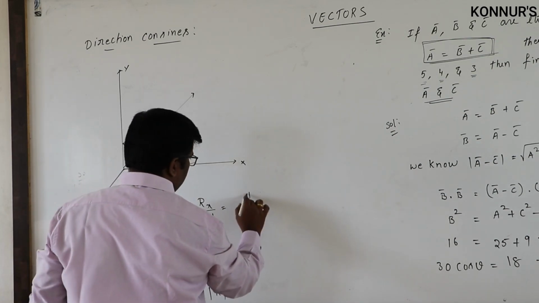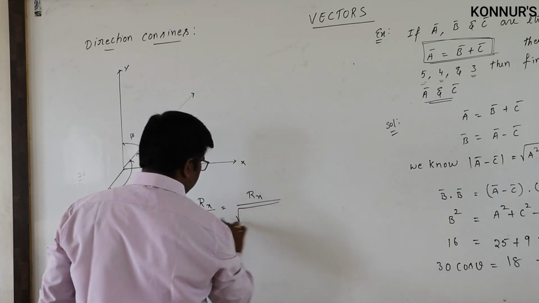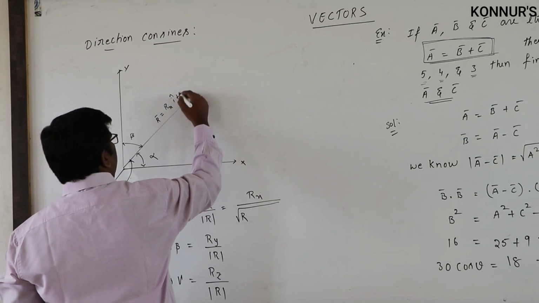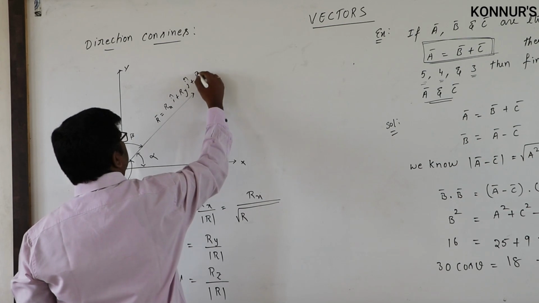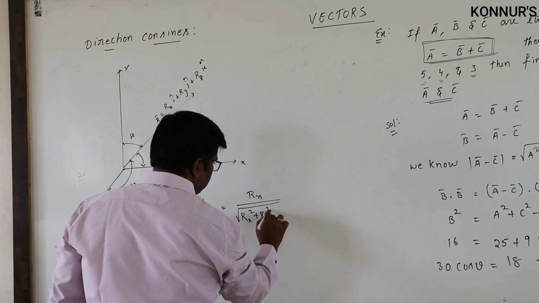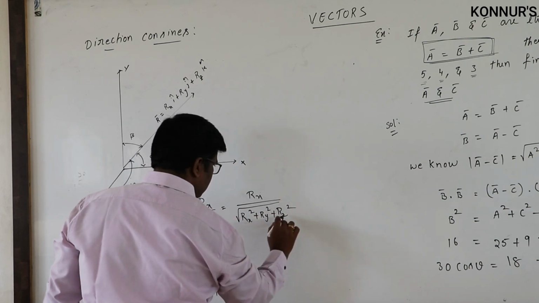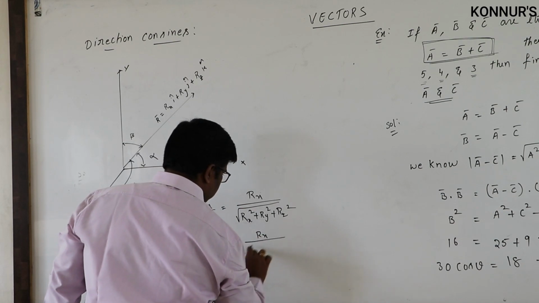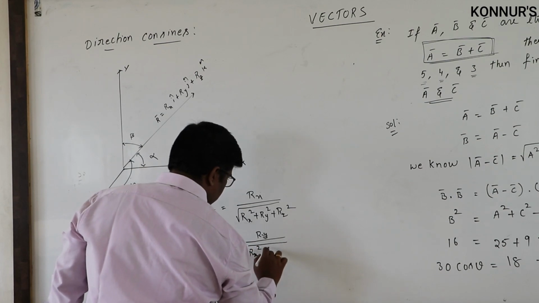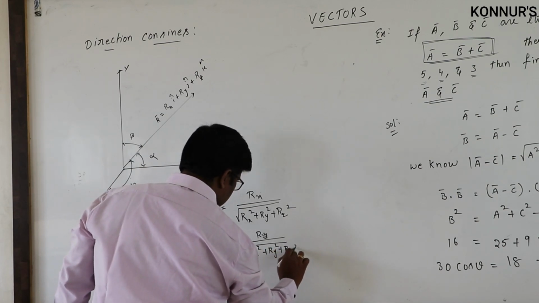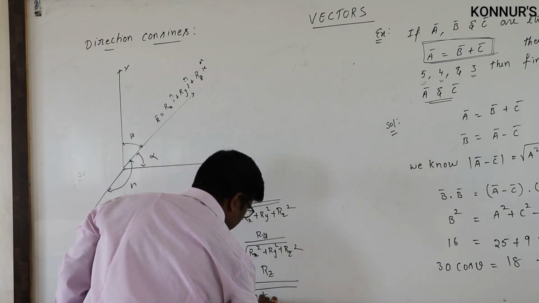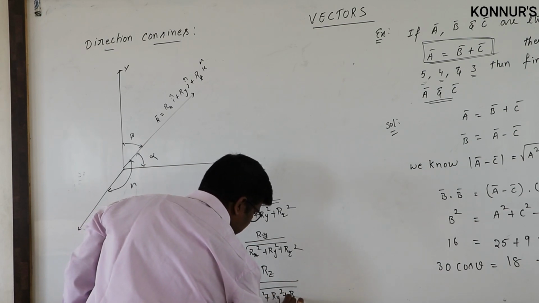Then you can write this as rx by root over the magnitude of r, where r bar is rx i cap plus ry j cap plus rz k cap. Then it will be root over rx square plus ry square plus rz square.